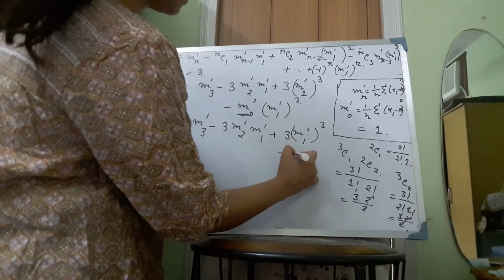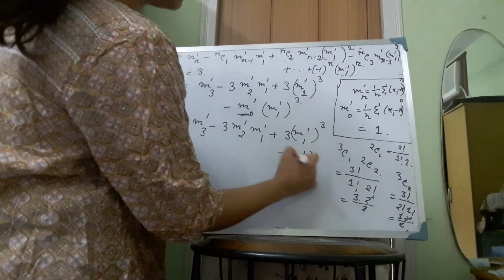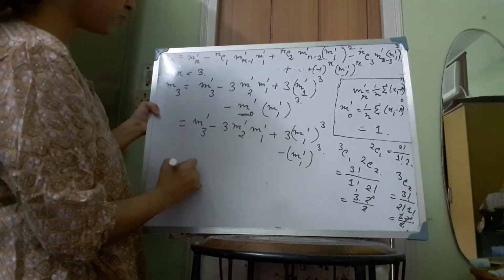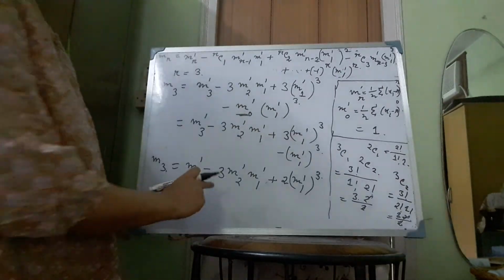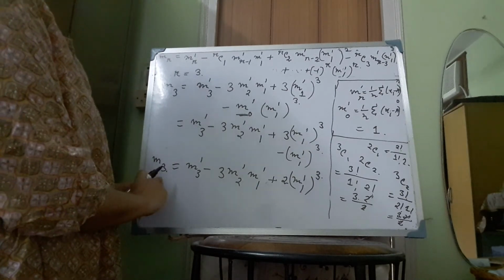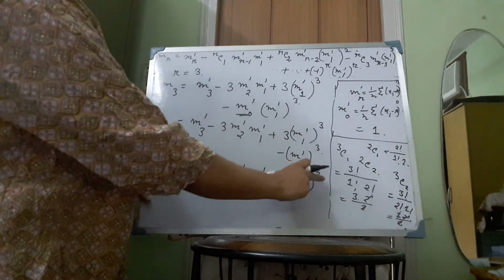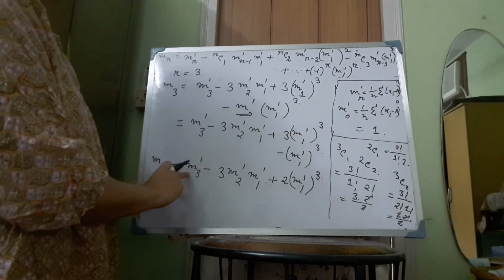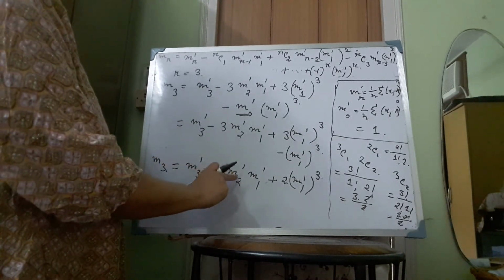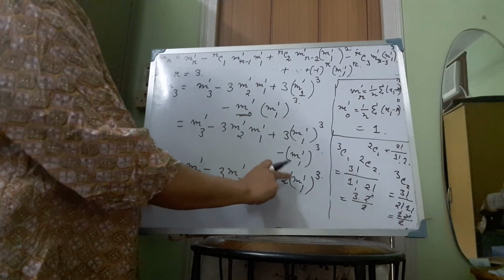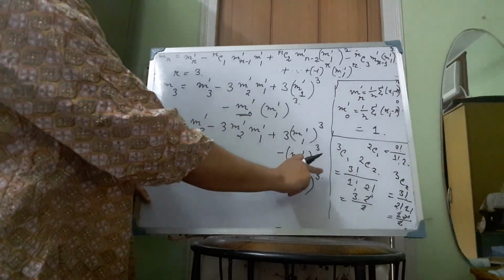So minus m1' cube. Now if we simplify this, here we will get 2 m1' cube, and we are getting m3 is equal to m3' minus 3 m2' m1' plus 2 m1' cube to the power 3.